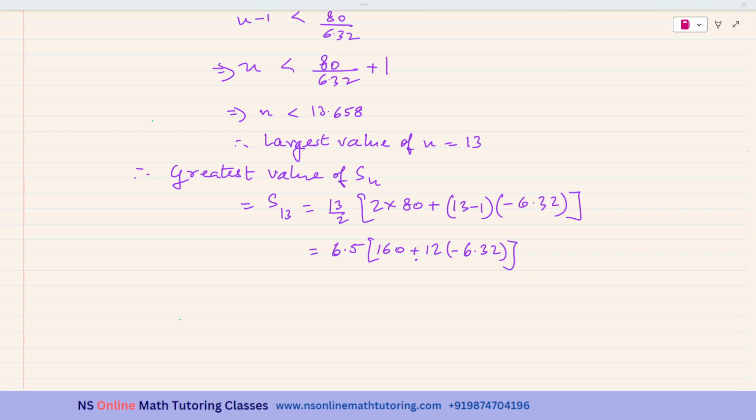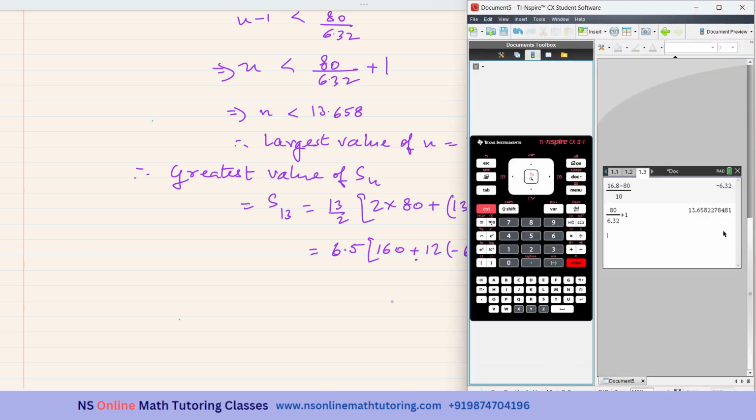So on the calculator, it is 6.5 times, 160 plus, or this time let me change it to minus, 12 times 6.32.